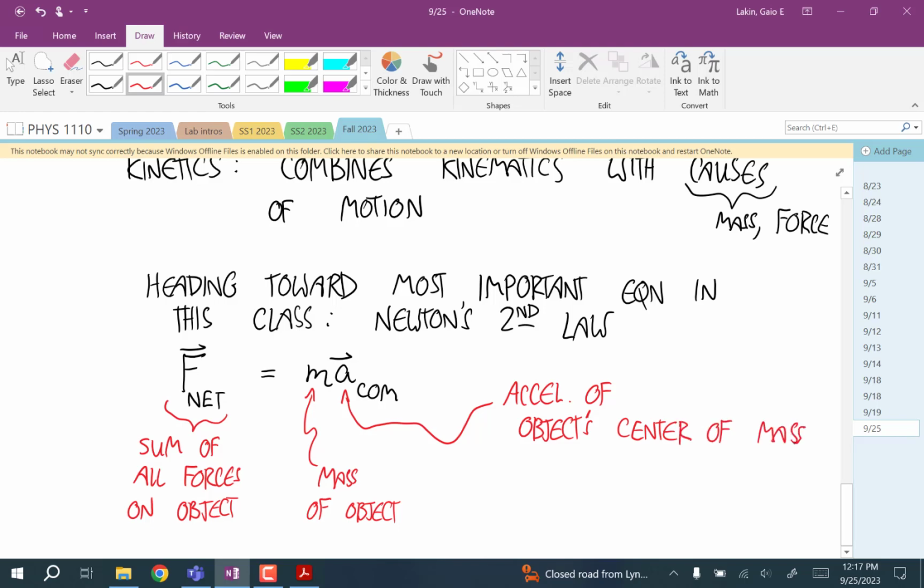Well, as long as we're doing particle stuff, we're always treating every object as if it just exists at a single point. It doesn't have any length dimensions or anything like that. And so we're always treating objects like the only point that exists is their center of mass. So to us, we can think of this as just the acceleration of the object. Okay.